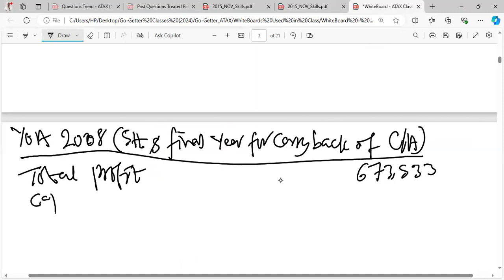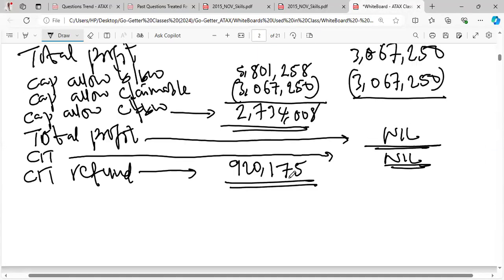Then you have your capital allowance brought backward, 2,734,008.